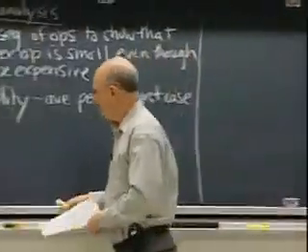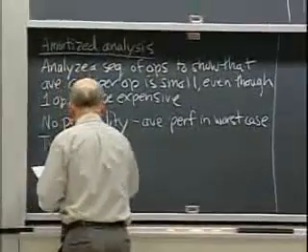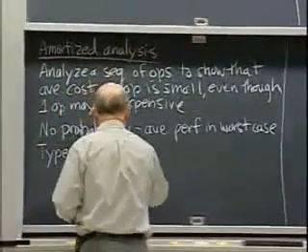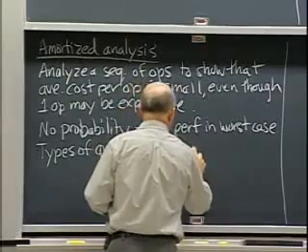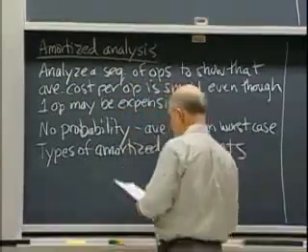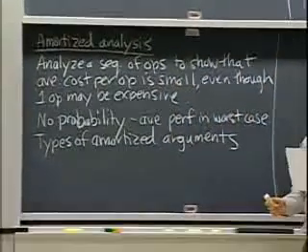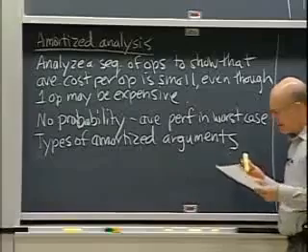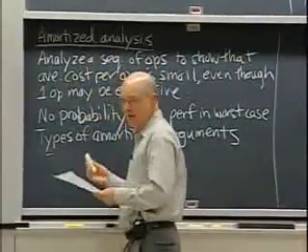Now, there are 3 types of amortized arguments that appear in the literature. Maybe there are more. At one point, there were 2, and then a third one was developed. So maybe there's a 4th.